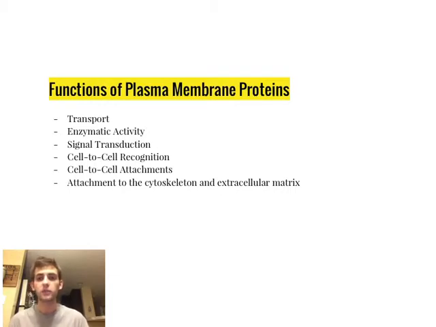All three of those fall under cell communication, and that's the last part of this unit that we're going to talk about. They also provide a means to attach to the cytoskeleton and the extracellular matrix. The extracellular matrix is the area right above the plasma membrane that's composed of a bunch of carbohydrate chains and some complex molecules.